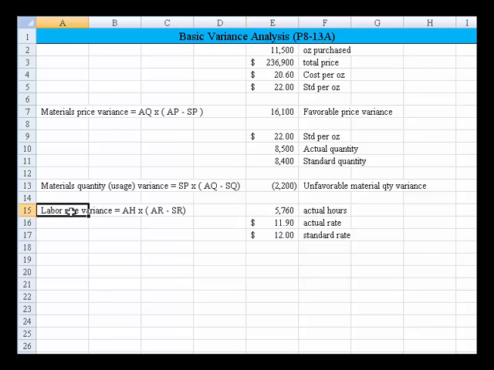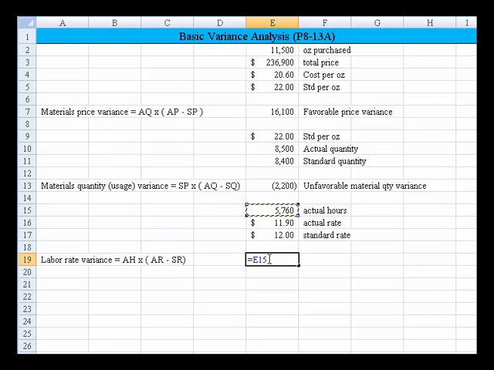And from here we can slide this down and actually do the calculation. It takes the actual hours times the actual rate minus the standard rate, and we come up with 576.